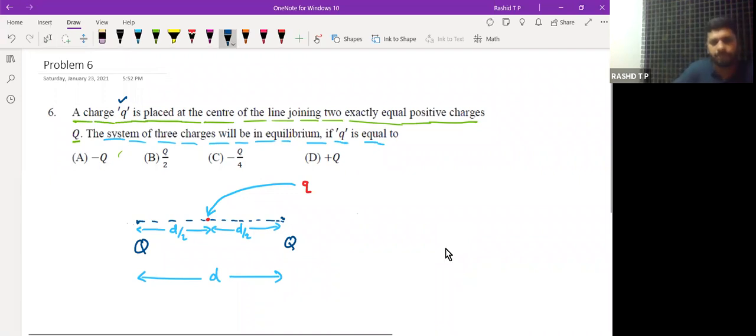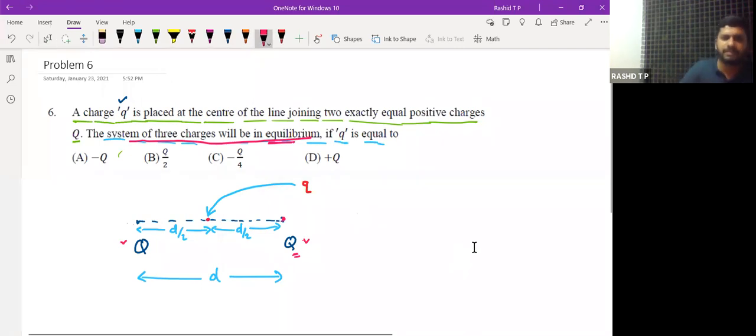Now, how can we solve this kind of problem? If in any problem you see that the system is in equilibrium, then if you consider any charge or any body in the system, the total force on that particular charge will be zero.